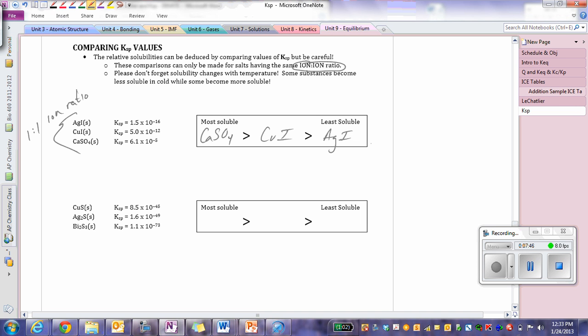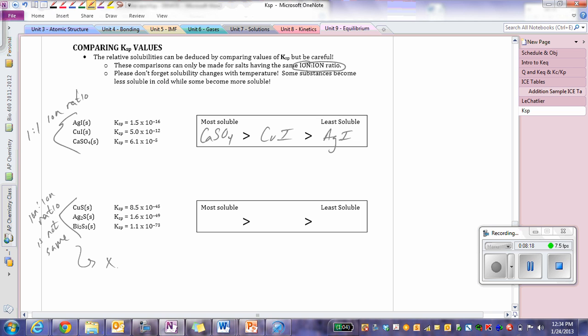Now, down here, the ion-to-ion ratio is not the same, so this will cause us some issues. You need to find X. The larger the X, the more soluble.